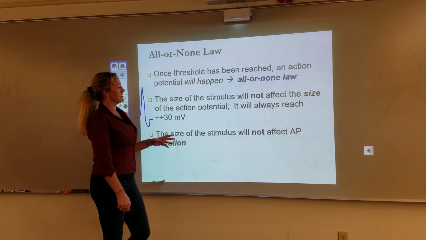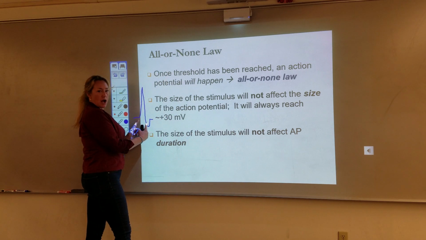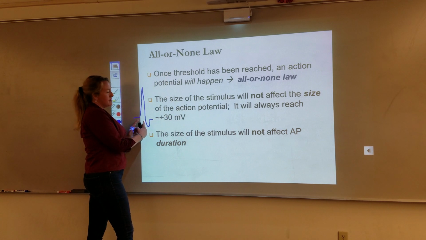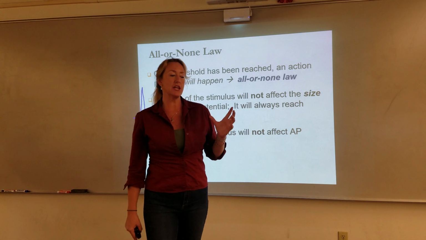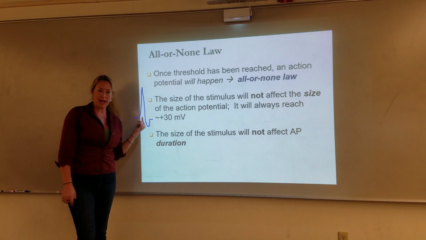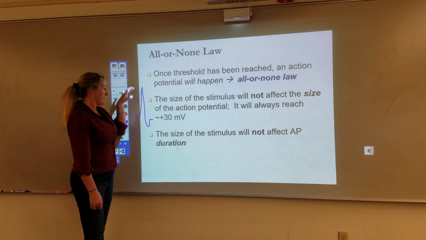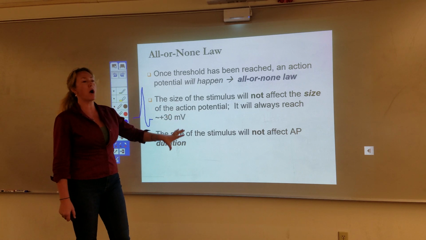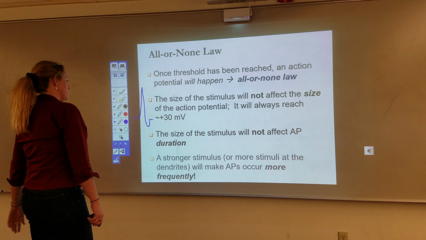The size of the stimulus also is not going to affect the action potential duration. That means the length of time that the AP takes to fire is always going to be the same. Different neurons, based on their myelination, can fire at different speeds. But in that individual cell, a given action potential is going to be the same duration and same magnitude, no matter how strong a stimulus or how much neurotransmitter that cell is exposed to.